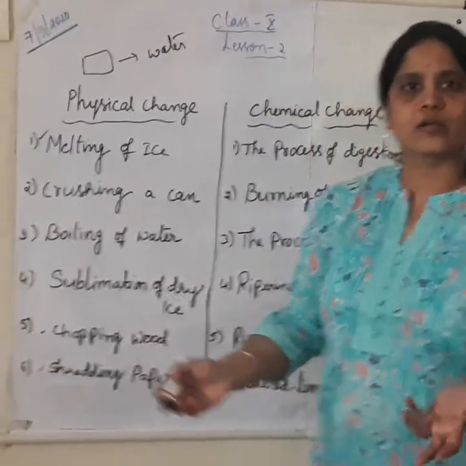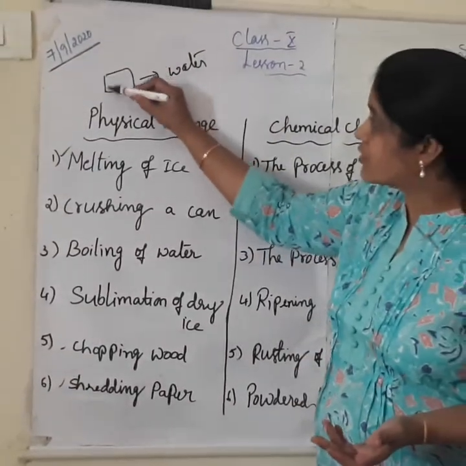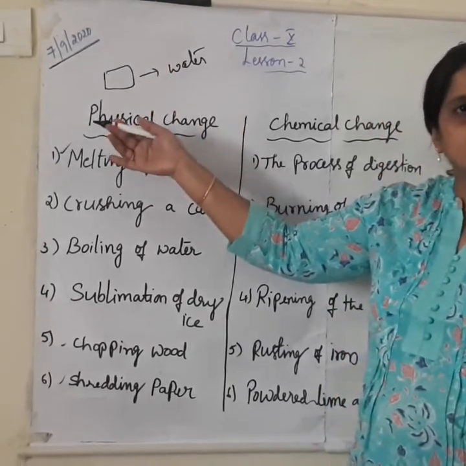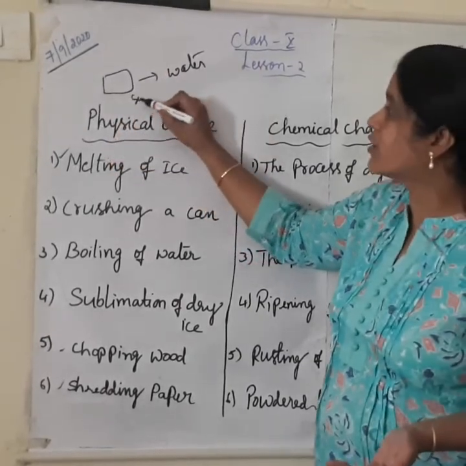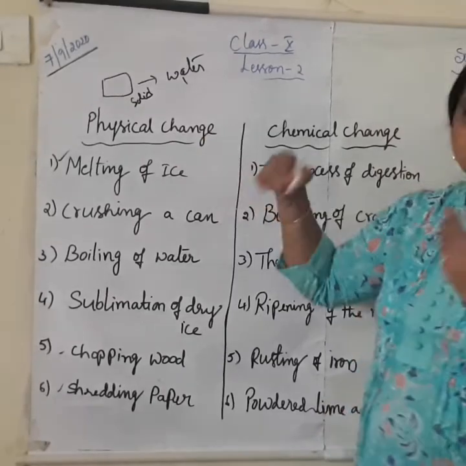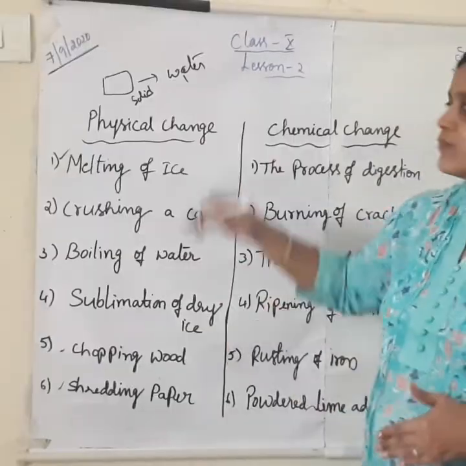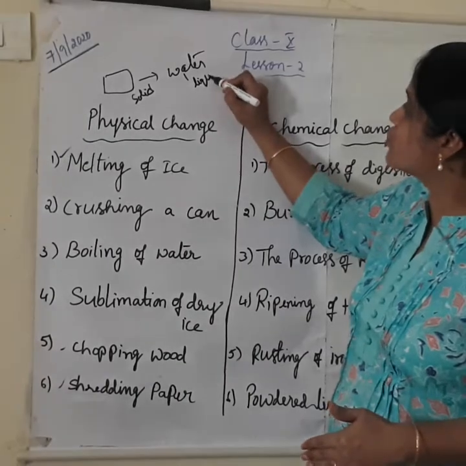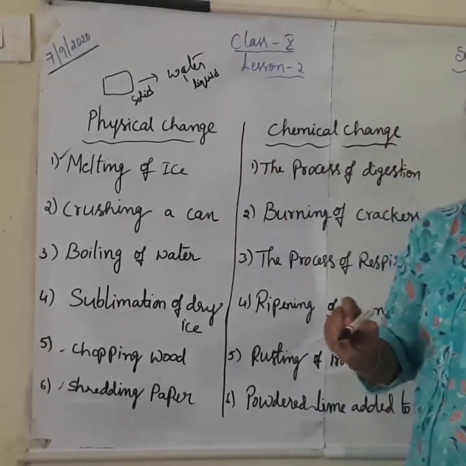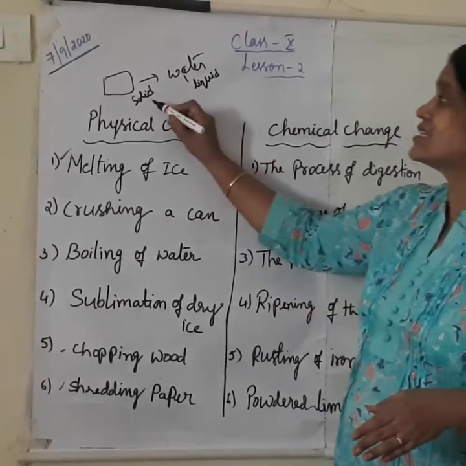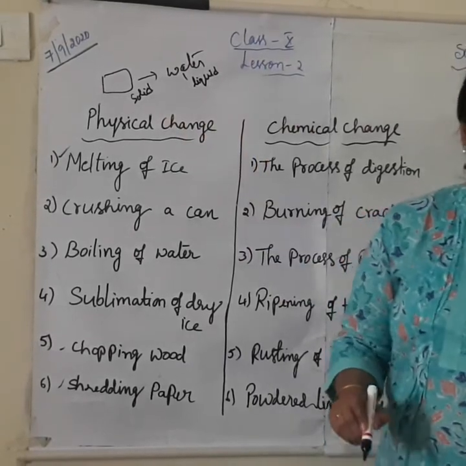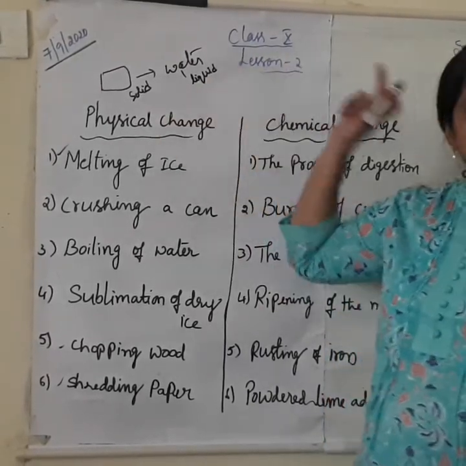Before the reaction you have water only, but in solid form. After heating, you get water in liquid form. So there is no change in the substance, but there is a change in the state of matter.